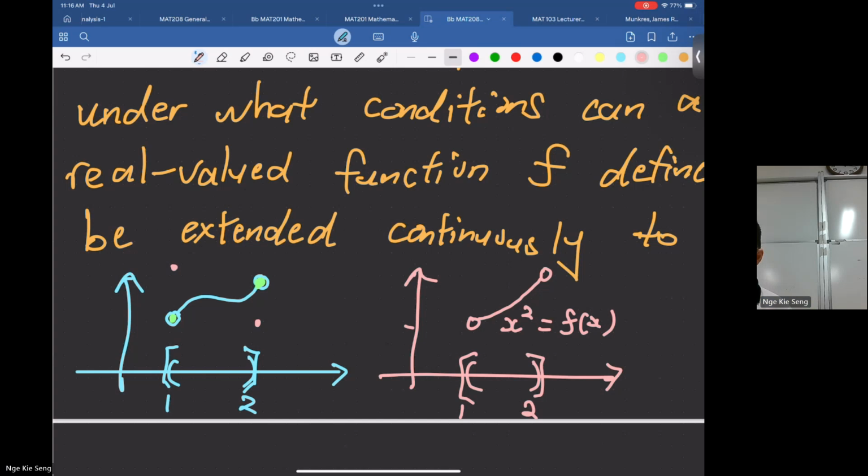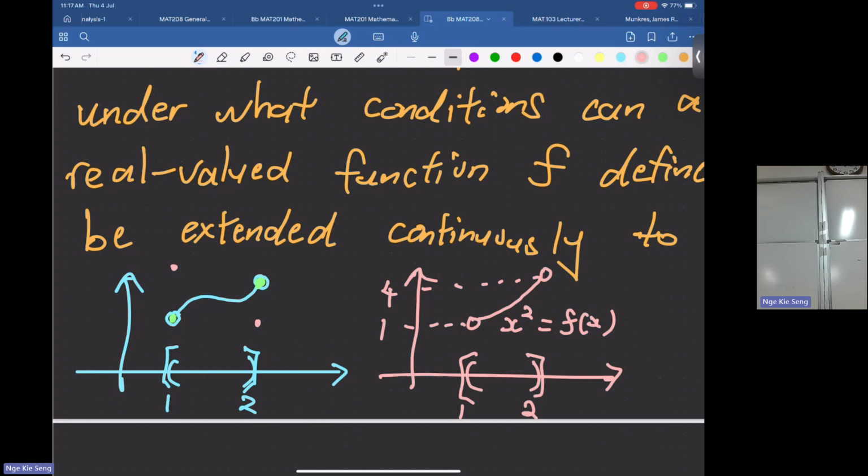1 and 4. Good. So you can fill it by saying that f takes 1 when x equals 1, on the open interval from 1 to 2 it is x squared, and when x is 2, it is 4.